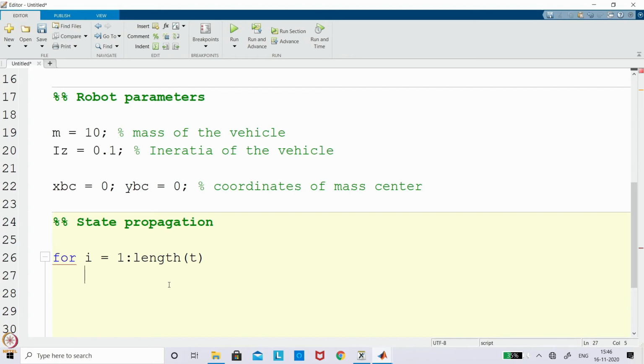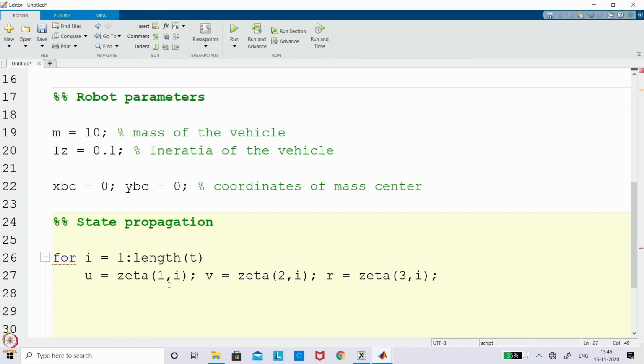We have written everything as generalized. Where we have written u, u is zeta of 1, right? And v is zeta of 2 comma i, the ith instant, and r is zeta of 3 comma i, right?